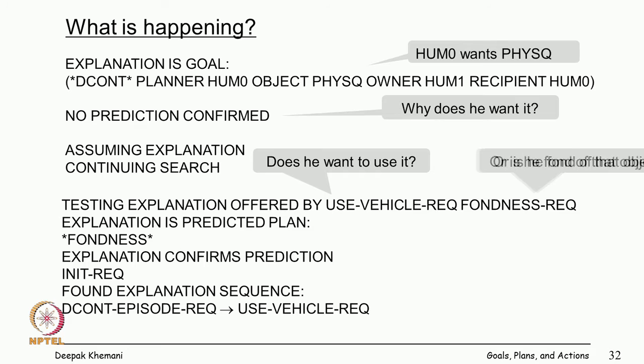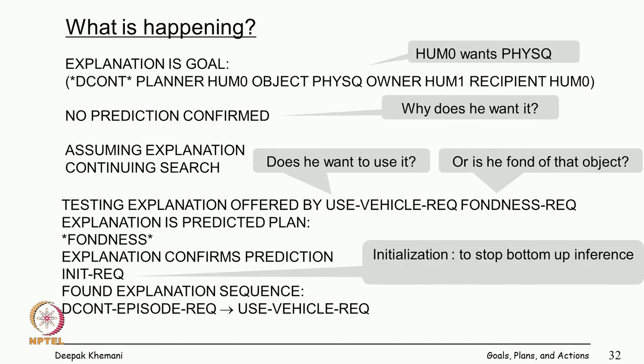So, it tries to look for an explanation, and it tries to test these two explanations one by one. One is it has got a use vehicle request, which is asking the question that does he want to use the bicycle, and the other is this, is he fond of that bicycle.